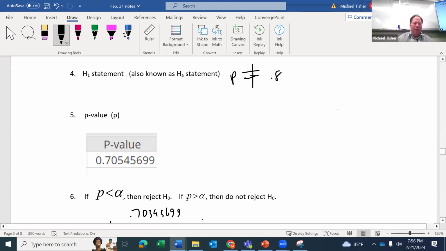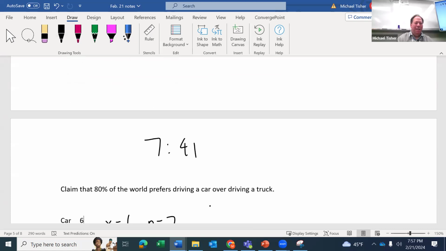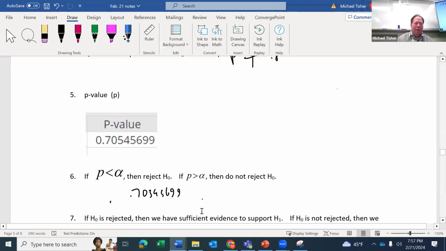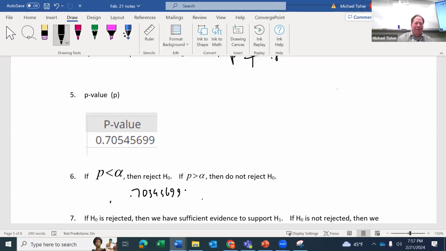And this confirms the rule. We have p-value p. We have alpha, which is, what's alpha in this case? 0.05, right? Because we didn't really specify. So just assume it's 0.05. Yeah, 0.05. And do we have less than or greater than? Greater than. So this is greater than, then do not reject H0.